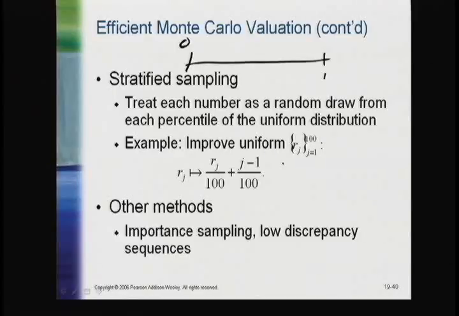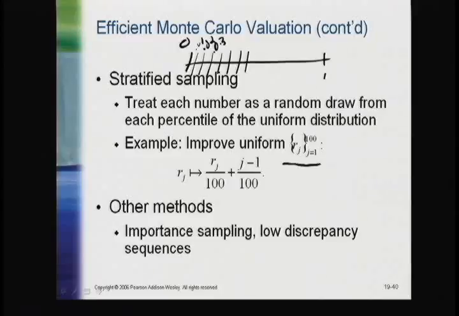Imagine that I generated only 100 of these random variables, just 100. What this stratified sampling will do is put each one of these into a 1% cell. So imagine that what I'm going to do is break up this interval into 100 parts. So the first one goes from 0 to 0.01, then 0.02, 0.03, and so forth.